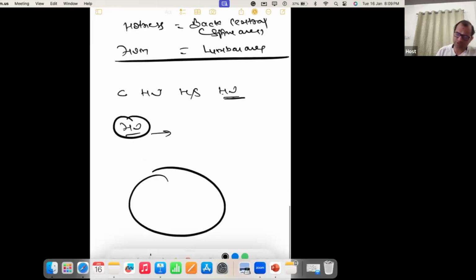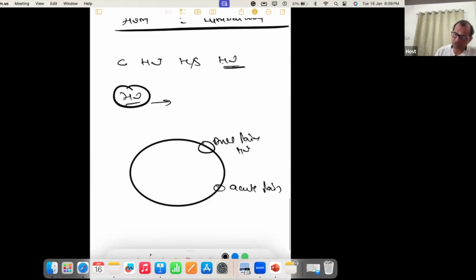So one person is suffering with the acute pain. We know the dull pain is humidity. Acute pain is the dryness, and the severe pain is coldness. So dryness is plus plus.